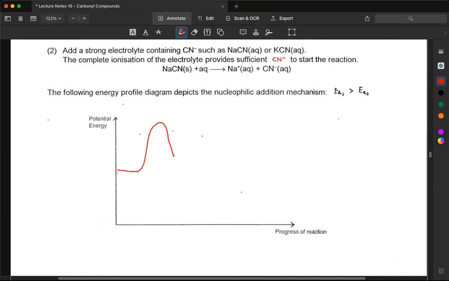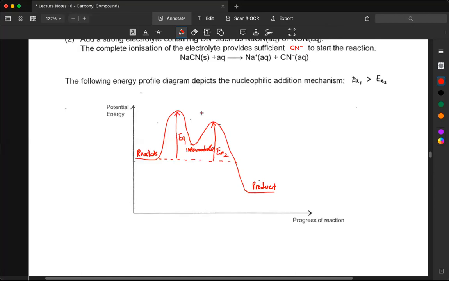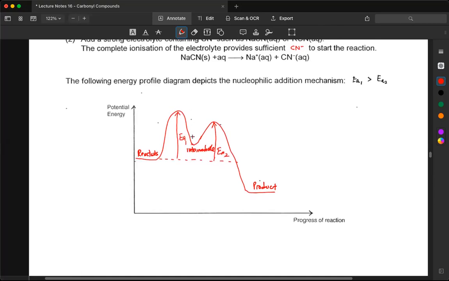So EA1 is actually greater than EA2. That's why EA1, which is step 1, is a slow step, having a higher EA, to form the intermediate. Then the second step is a faster step with a lower EA. And overall it's an exothermic reaction.